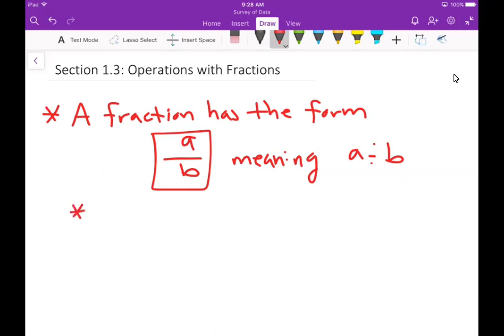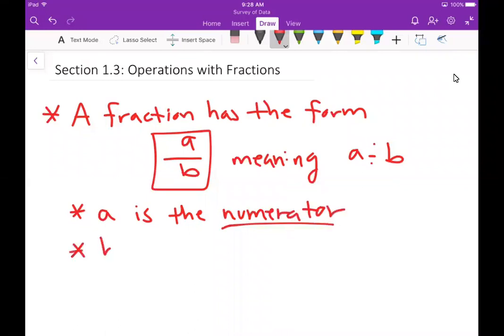And we reviewed this a little bit last time too, but always remember that A, the number in the top of the fraction, is called the numerator. We'll see that word used a lot today and in this section. And B, the number in the bottom, is the denominator. So, a couple of different terms to remember when looking at fractions.